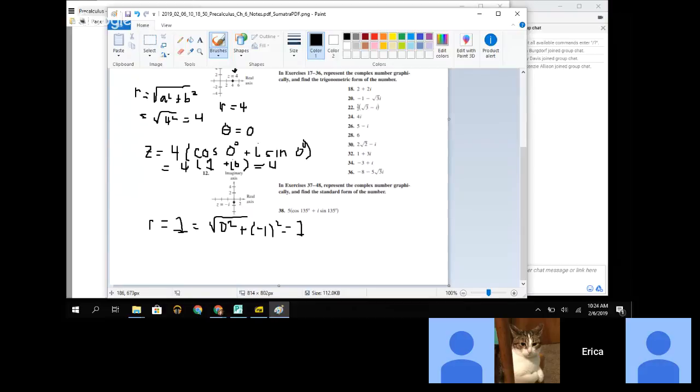So my r value is 1. What about my theta? If I look at this on my unit circle and go all the way around to here, my theta equals 3 pi divided by 2.